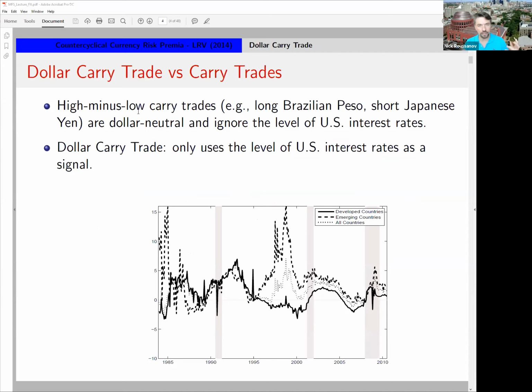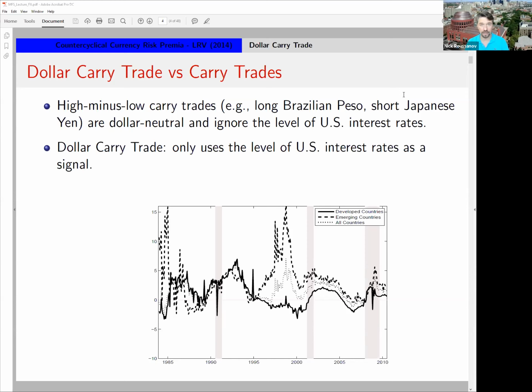Unlike the carry trade strategies that Adrien talked about before, what we call the dollar carry trade is a carry trade that is formed by buying or selling short a portfolio or basket of exchange rates, currencies, vis-a-vis the dollar. And in particular, why is it a carry trade? Well, when the dollar interest rate is higher than the average interest rate abroad, then you go long the dollar and short the foreign currency baskets, and vice versa.